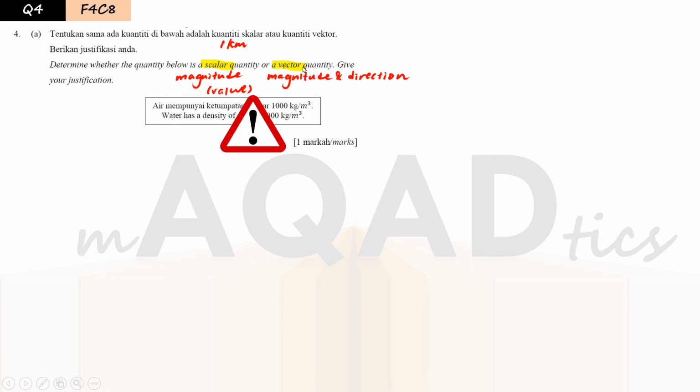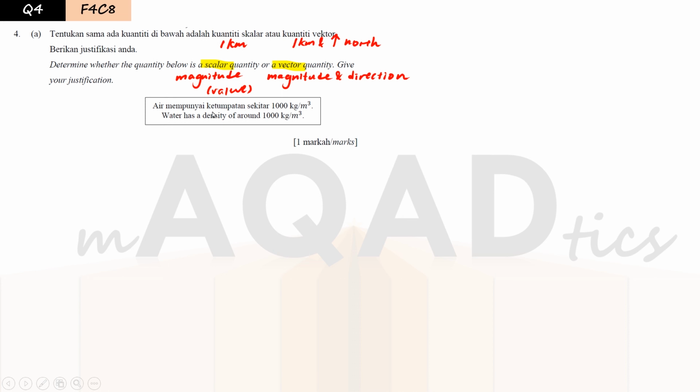For a vector, it would be the distance from point A to B is also 1 km, but we are traveling to the north. So you can see that there is the direction given, so this is a vector quantity. It has the magnitude, which is 1 km, and also the direction, which is going north.